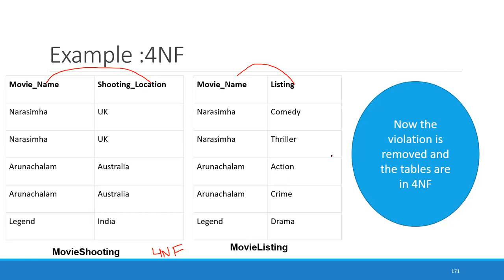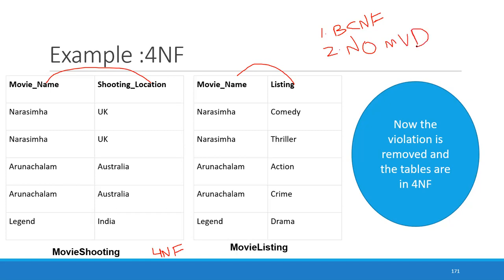So, conclusion. First we have to convert a table into fourth normal form. First we have to check whether the given table is in BCNF, Boyce-Codd normal form, or not. Then you can check there is no multi-value dependency.